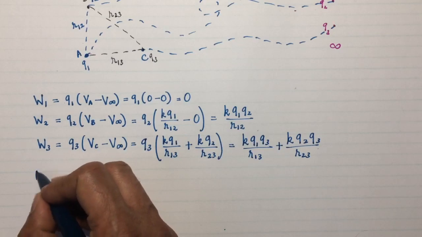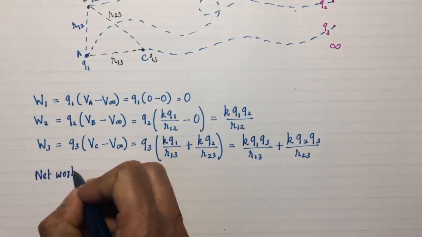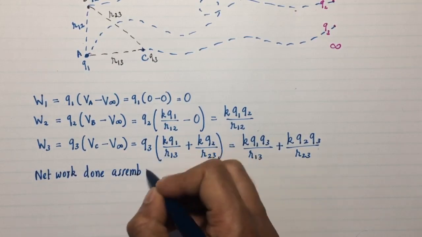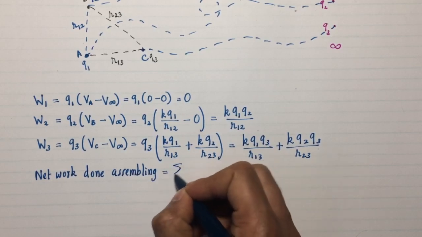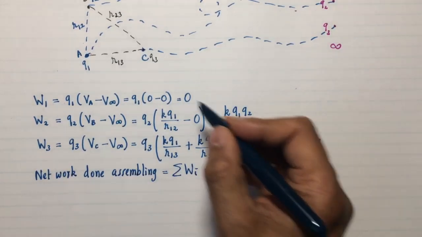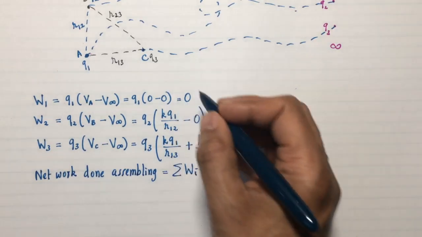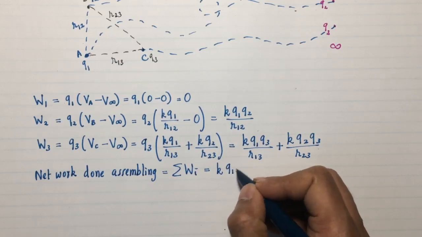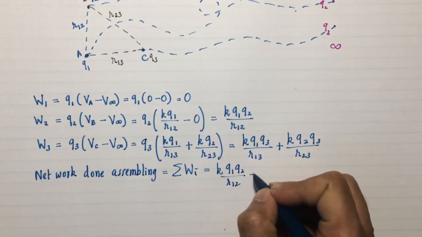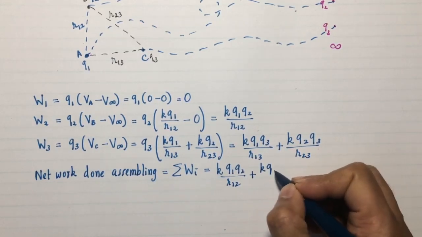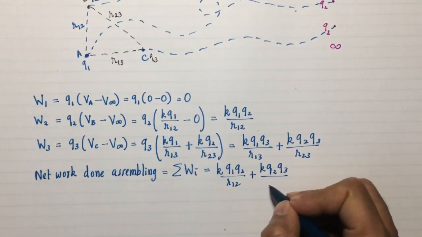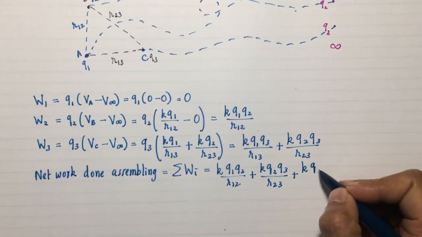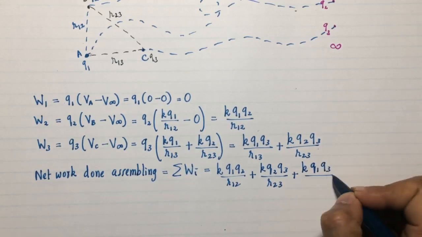The net work done assembling the configuration is given by the sum of all these things, sigma Wi. And so that's going to be 0 plus that plus that. I'm not going to write 0, but I'm going to get k times Q1 Q2 over R12 plus k times Q2 Q3 over R23 plus k times Q1 Q3 over R13.